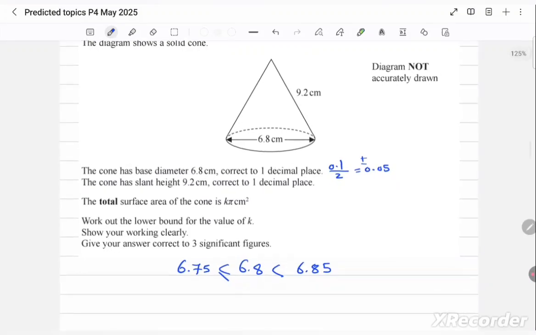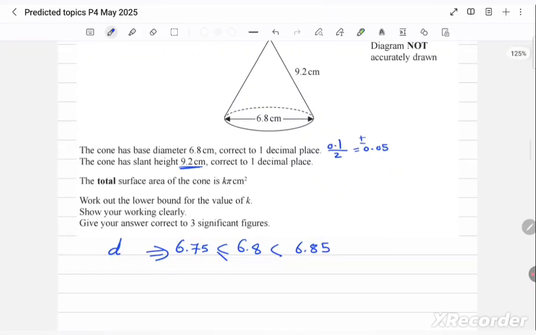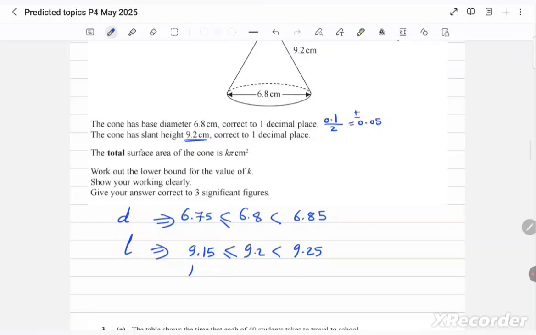This is the diameter. And the slant height, L, or sloped height, is 9.2. It's the same: they said it's 1 decimal place, so it will be 9.25 to the right, and to the left will be 9.15. This part is the lower bound, and this one is the upper bound.